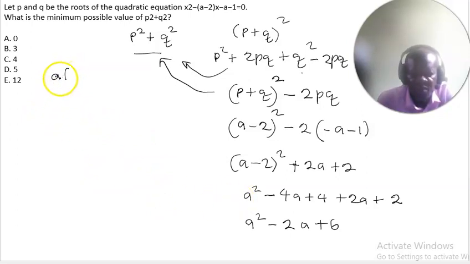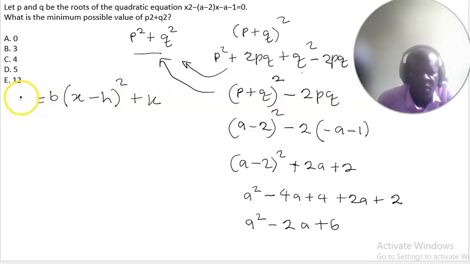Because we have a here, let me use a different letter so that you don't confuse it with the a that you have in the equation. So we have b, which is a particular constant, times (x minus h) squared plus k equals y.